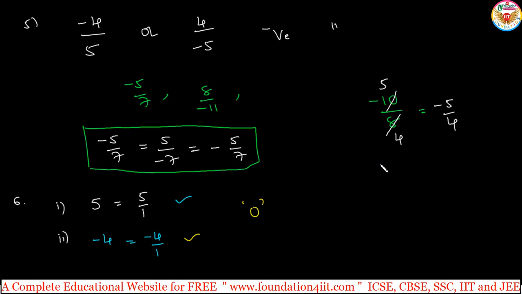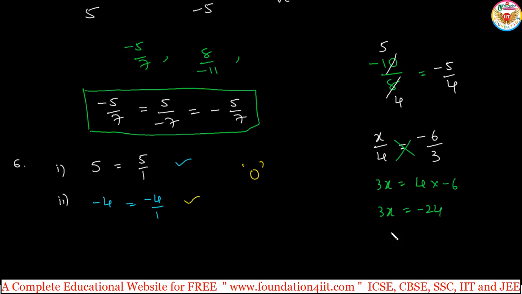And for example, if two rational numbers are equal, say x by 4 is equal to minus 6 by 3, then to find the value of x, just do cross multiplication. 3 into x is equal to 4 into negative 6. Okay, 3x is equal to negative 24. Then x value is negative 24 divided by 3.